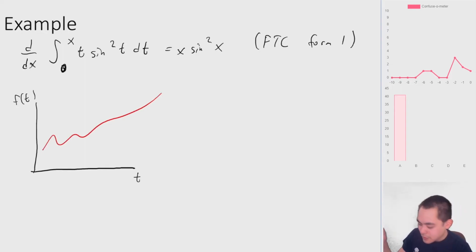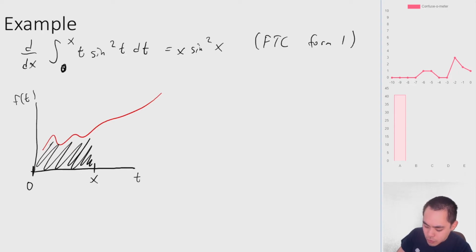You're taking the integral from 0 to some value x, where x can move around. So you're taking all this area, whereas if you moved x over to here, then you take all this area as well.